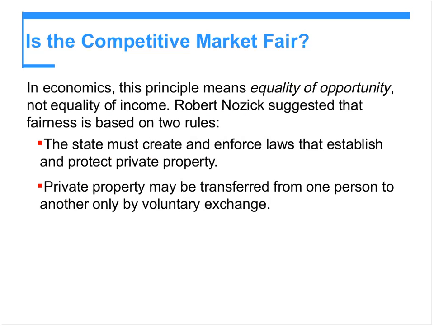You are not supposed to force people to give their property to somebody else unless they want to do that. So that is the private property they have, and that has to be taken care of, protected, and enforced by the law which is established by a state. This is what Robert Nozick said.